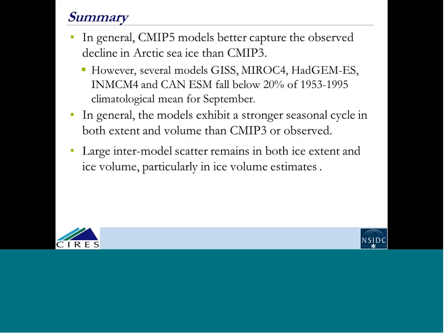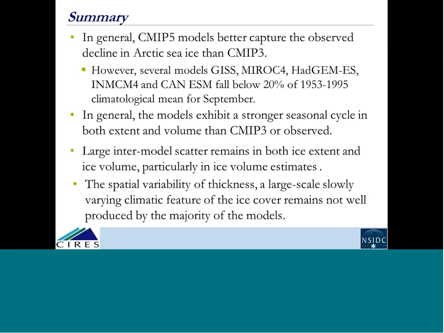And there's still considerable intermodel scatter in terms of ice extent, volume, and thickness. And we're really not getting the spatial variability of thickness, which probably has a lot to do with the dynamics as well as the thermodynamics of ice in the Arctic.